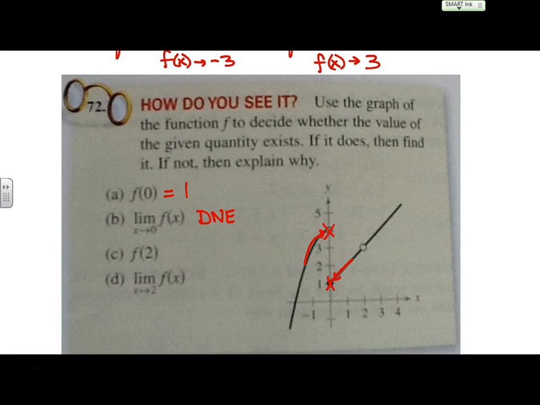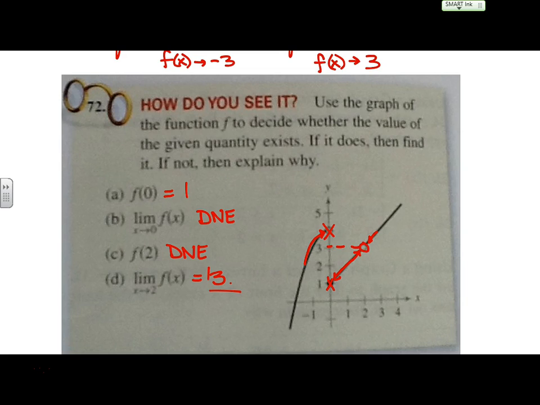Oh wait, no, does it not exist? So what does that mean about the function value? The function value does not exist. It's okay, we're just getting things straight. Brandon, yours was good for the limit. It's approaching 3.